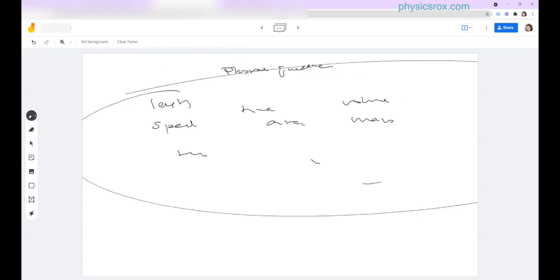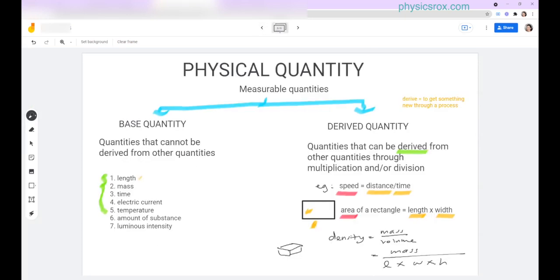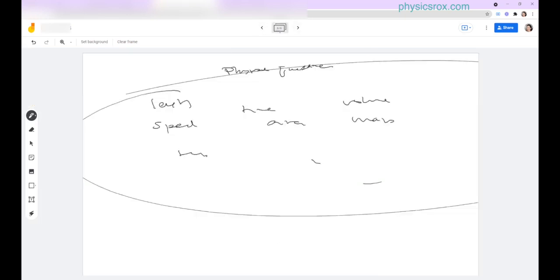So one way to divide them is base and derived. It's like imagine your class has many people, then you can divide them into two groups, one group of boys, one group of girls. Or divide by who likes physics and who doesn't.